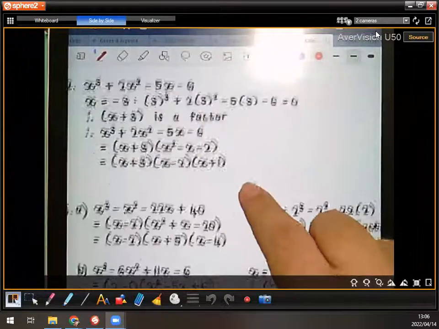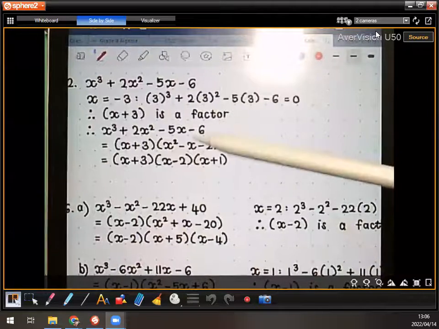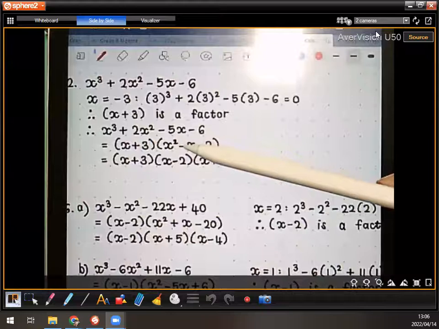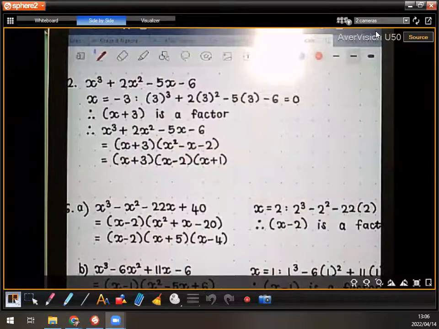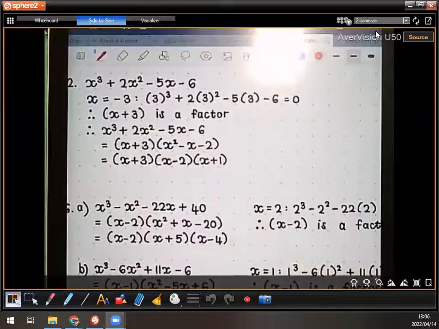From there, you need to factorize that trinomial. This one wasn't difficult to factorize really. It was factors of 2, and the difference between those factors must be negative 1. So if you have one positive and one negative, negative 2 plus 1 will give you negative 1.